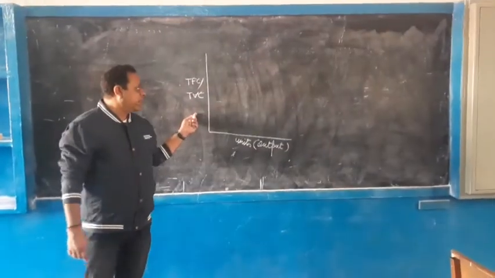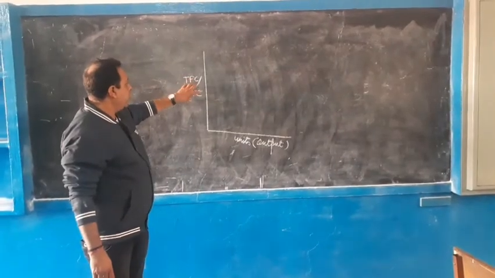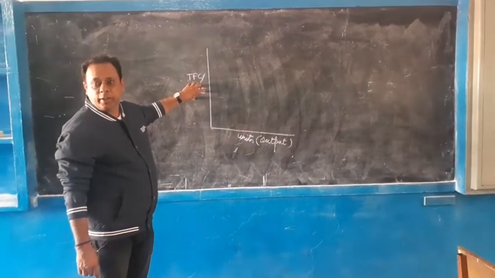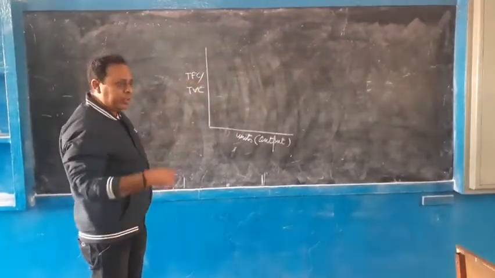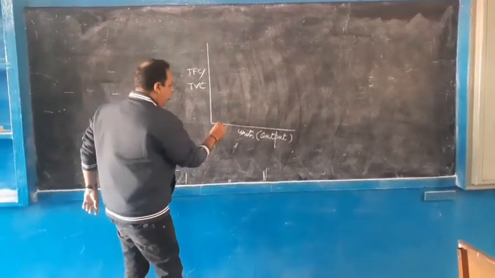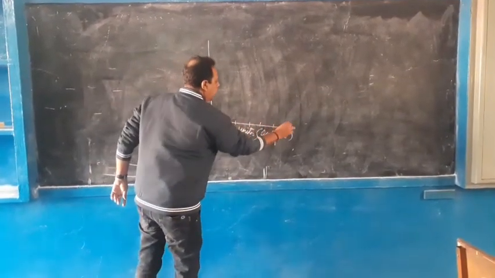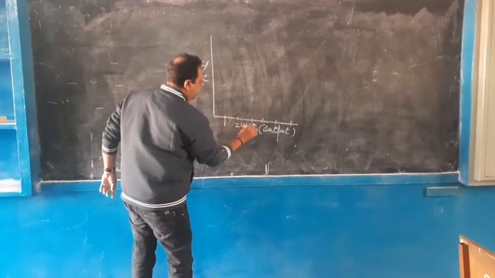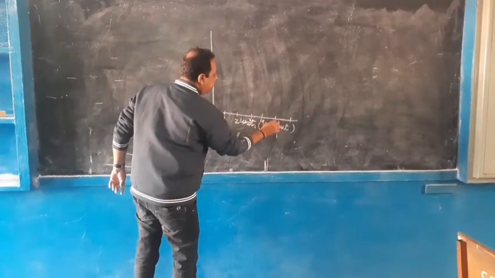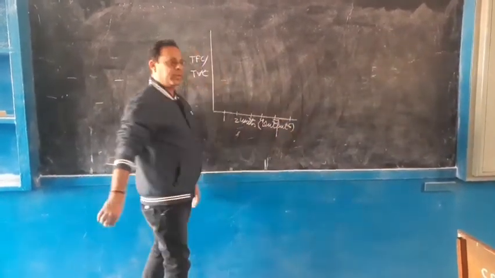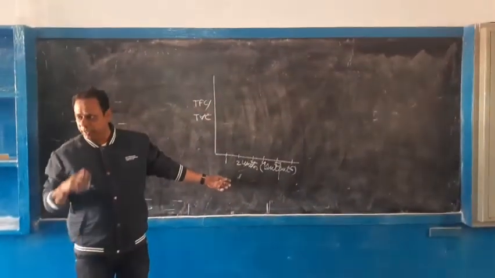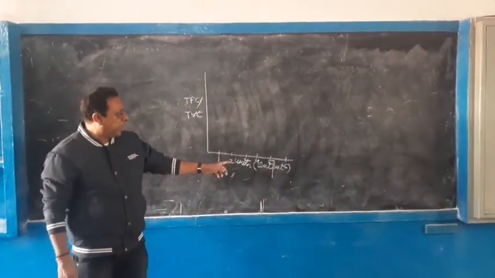So now we will study what is total fixed cost and total variable cost graphically, with the help of a diagram. Suppose the number of units of production are 1, 2, 3, 4, 5, 6, any we can take, and it will always be represented on the x-axis.